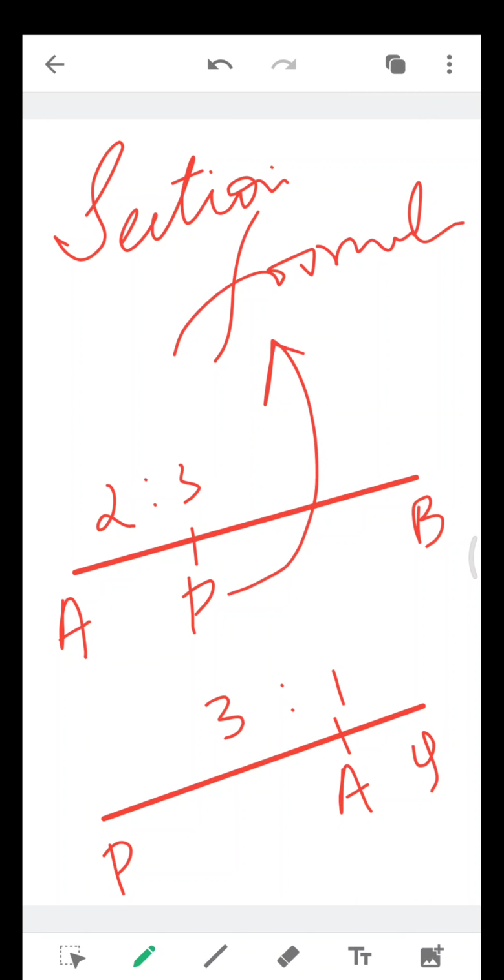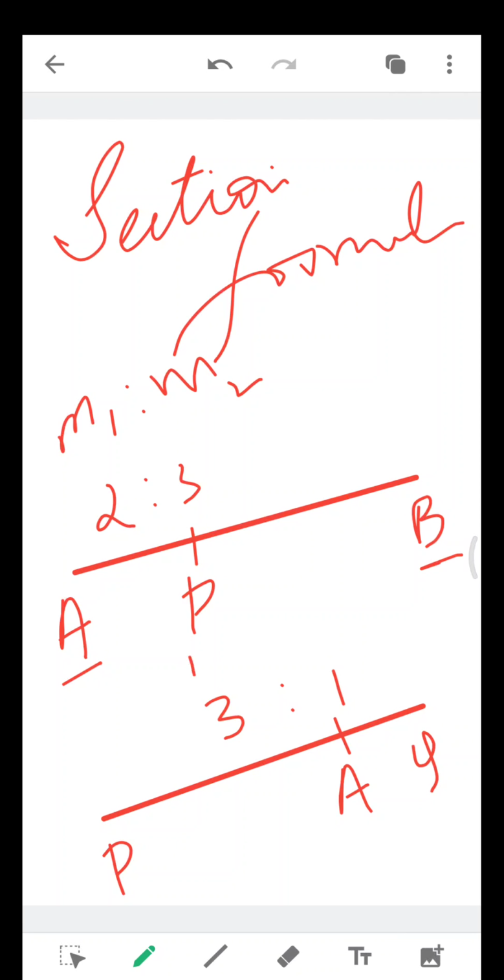In section formula we need three things. We need 2 points and we need the ratio. This ratio is usually taken as m1 is to m2 in the formula.